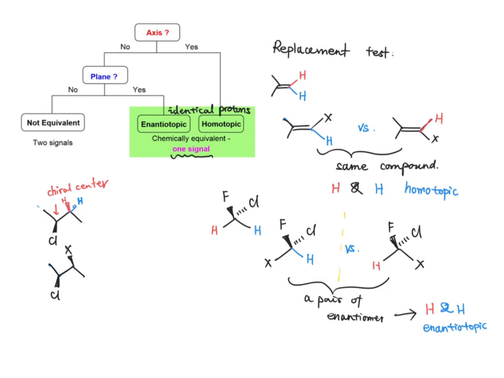This is X, and we will have blue, versus if we replace the blue with X, we'll have the red hydrogen as it is, and the blue hydrogen replaced by X. So what we are getting here now is a diastereomer.